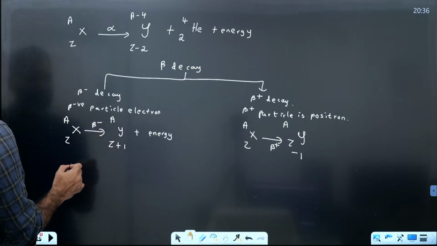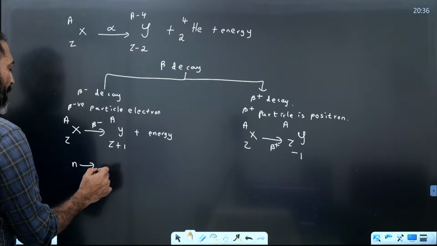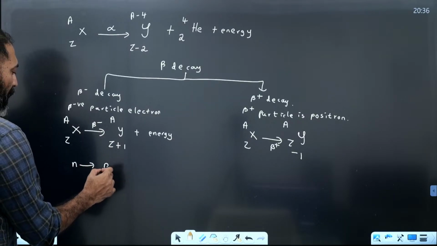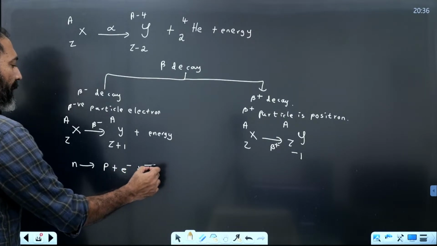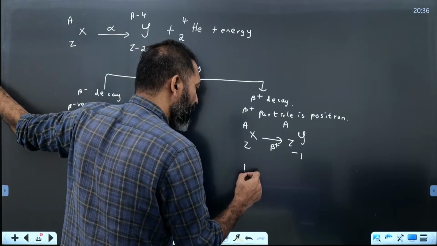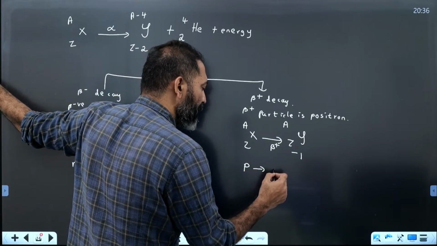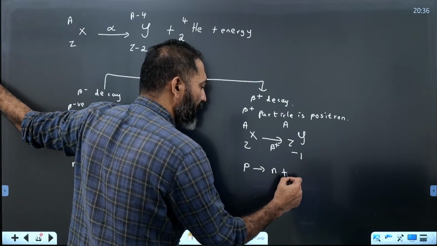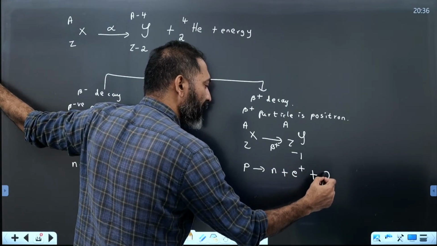In beta negative decay, a neutron decays into a proton, an electron, and an antineutrino. In beta positive decay, a proton decays into a neutron, a positron, and a neutrino.